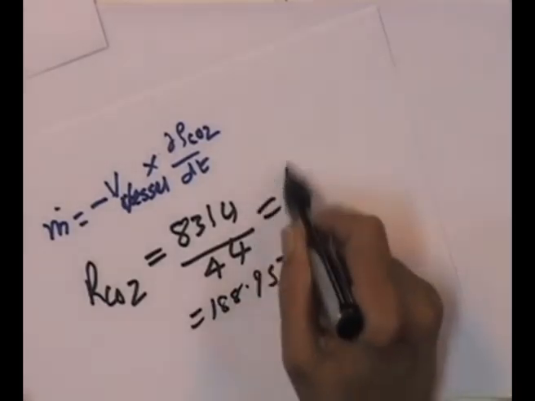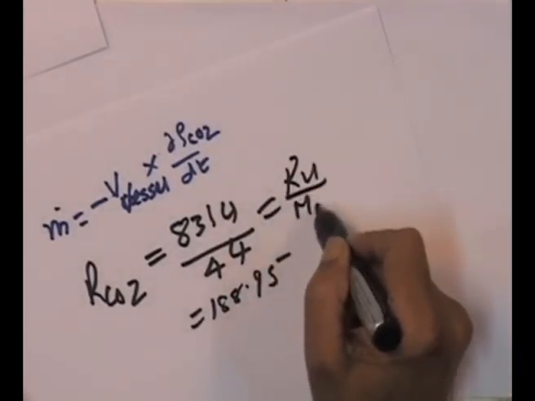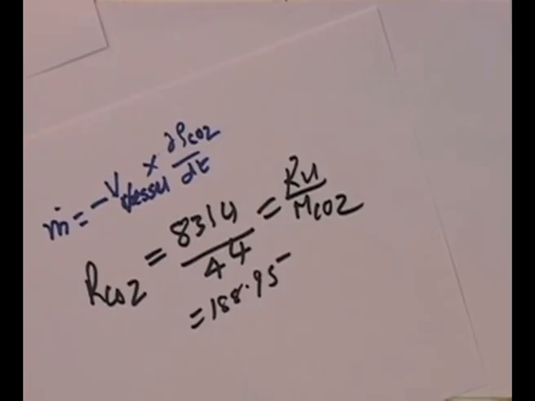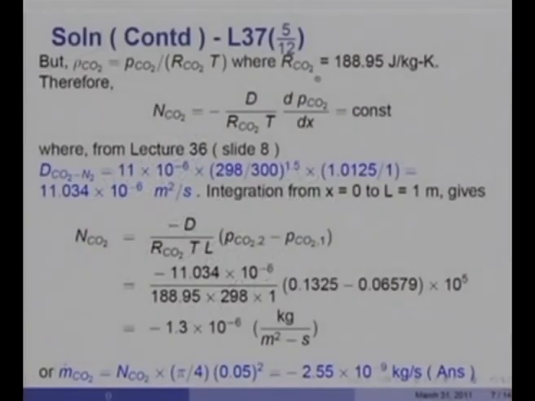This is Ru divided by the molecular weight of CO2. So, you get R CO2 equal to 188.95 joules per kilogram per Kelvin, and therefore, nCO2 is equal to minus 1 over R CO2 T into d pCO2 by dx equal to constant.